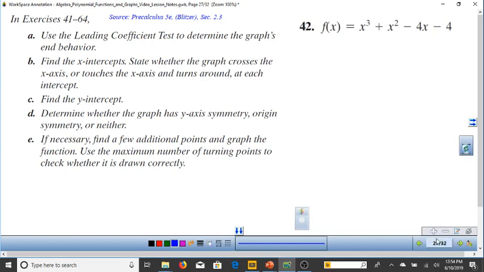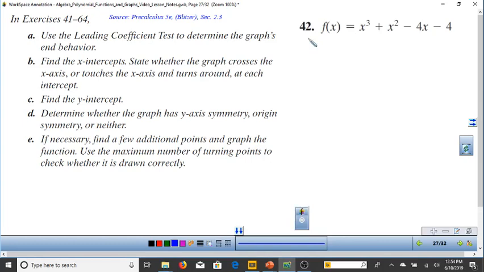Now, in this case, this graph has neither x nor y-axis symmetry because it has a mixture of odd and even functions. And if you recall, if you add an even function to an odd function, you get neither. So this function has neither origin nor y-axis symmetry.